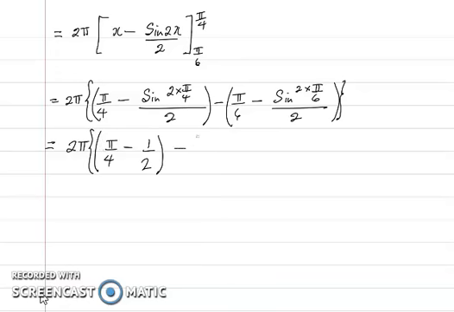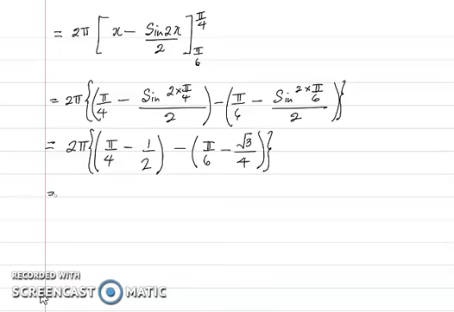And over here, we have pi by 6. This is 2 times 30, which is 60. And the sine of 60 is root 3 over 2. So this is minus root 3 over 2 divided by 2 becomes root 3 over 4.